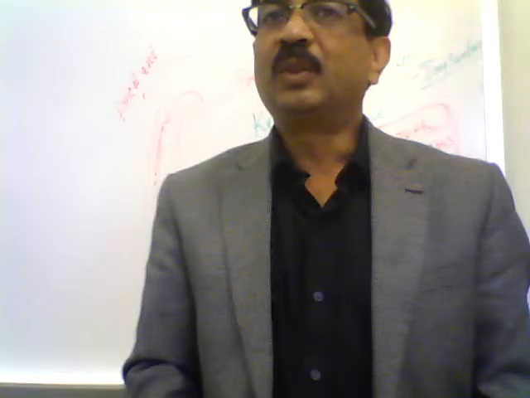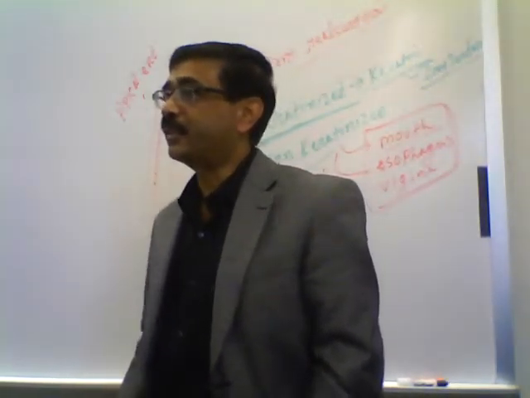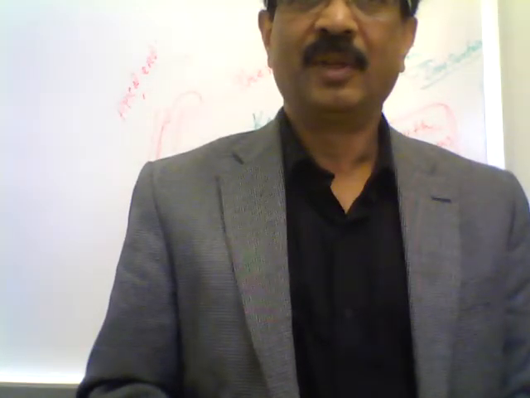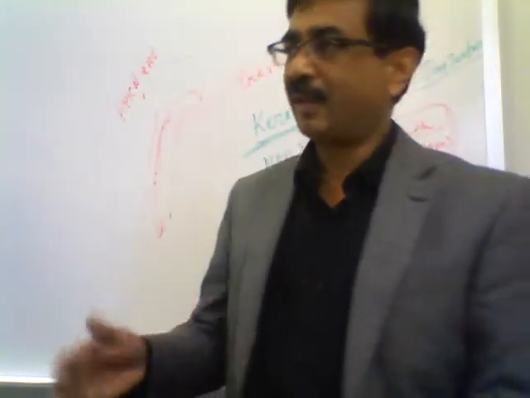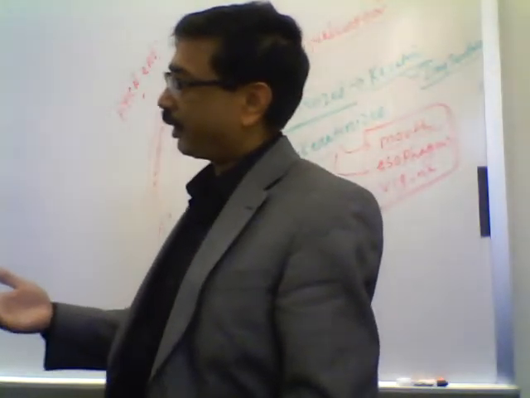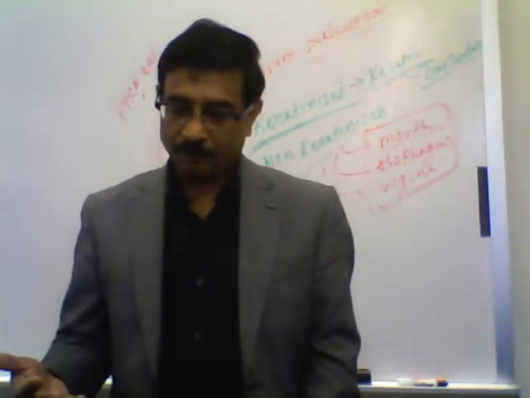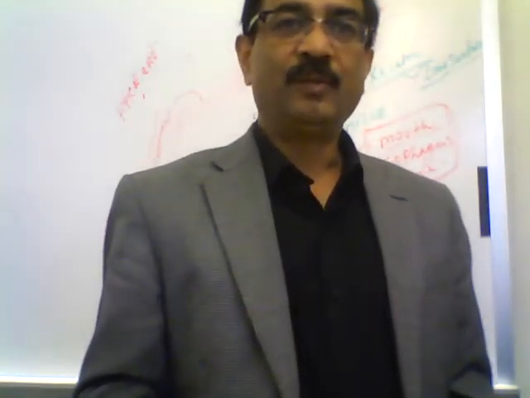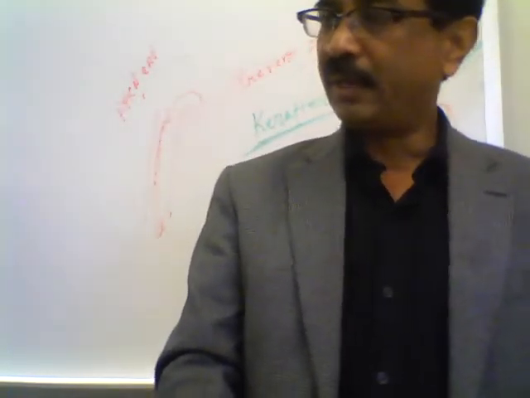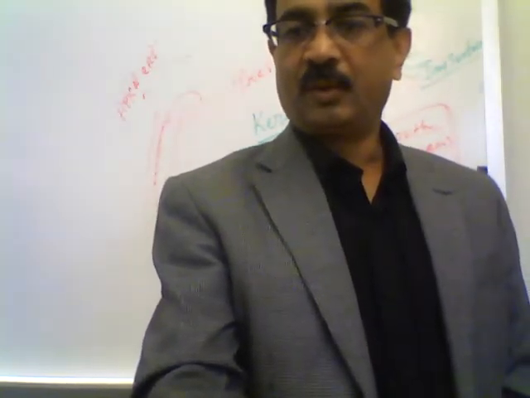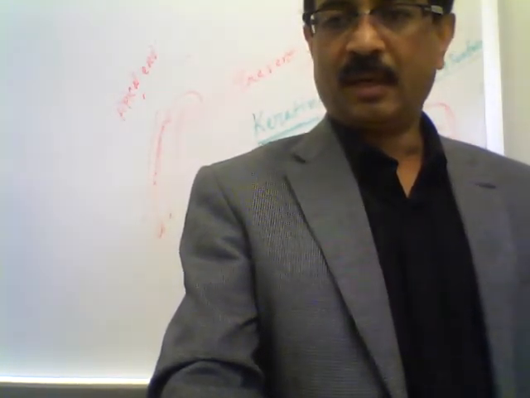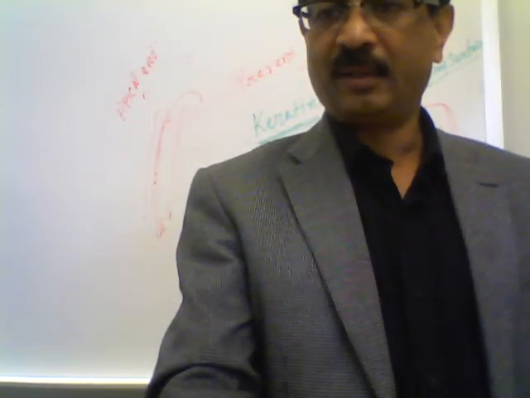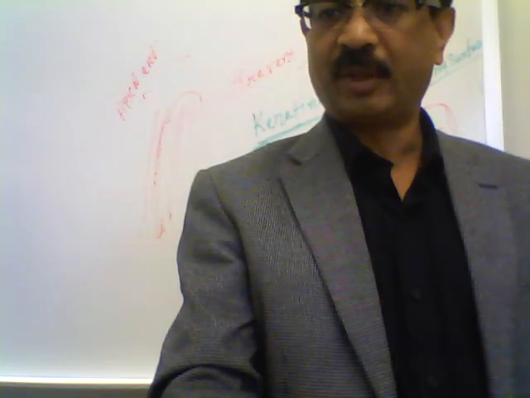Number three, you need to know the important characteristics or properties of epithelial tissue. Those are the things I have talked about. Then we have talked about the locations and how they look under the microscope, right? So those are the things basically you need to know. And those locations I have mentioned are important locations. Definitely, you need to remember those. Okay, I did not mention all the locations, but those are the important locations.